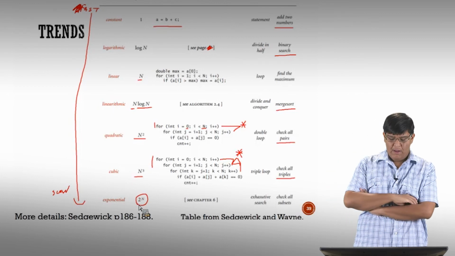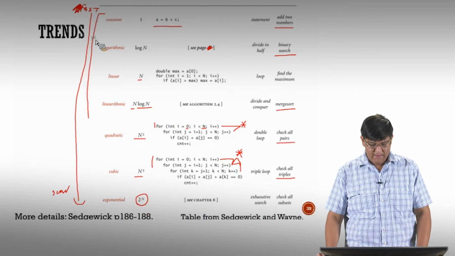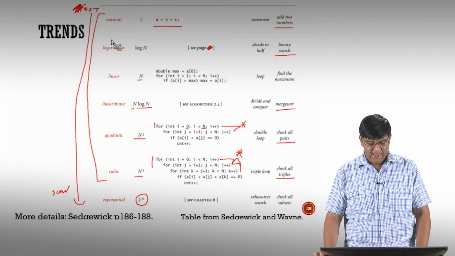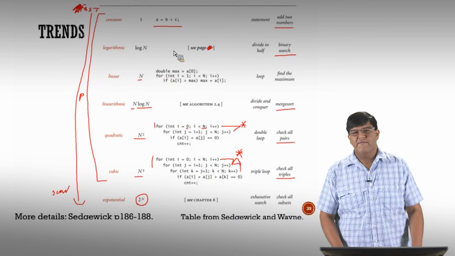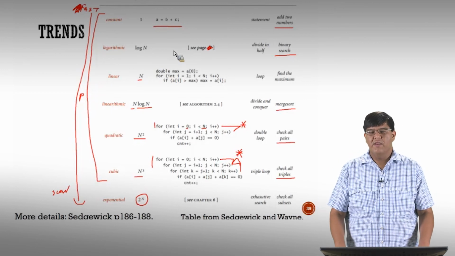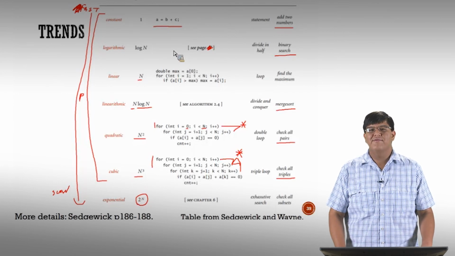Most of the things up here are polynomial; actually, they all are. Polynomial generally means that if we have a reasonable size of input, we can put it into that growth function and the number of operations will be okay for us. It will only take minutes or days or months or years, not too long.